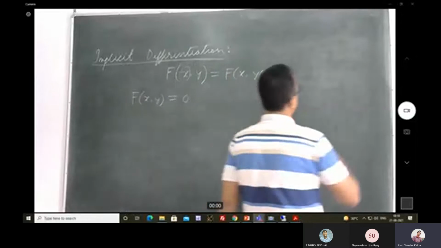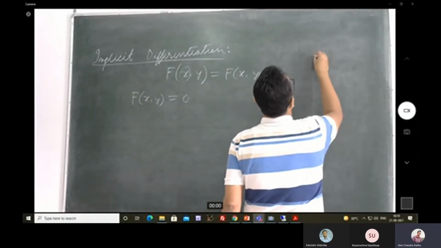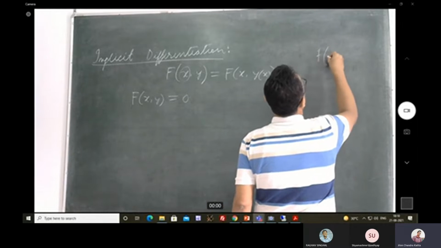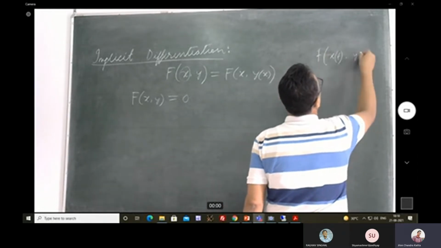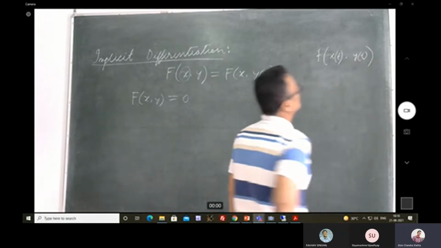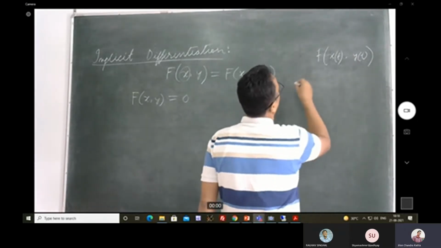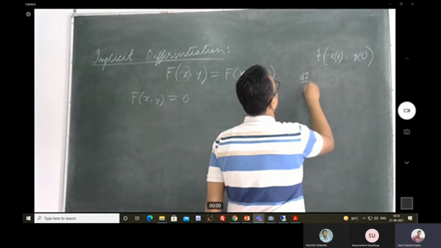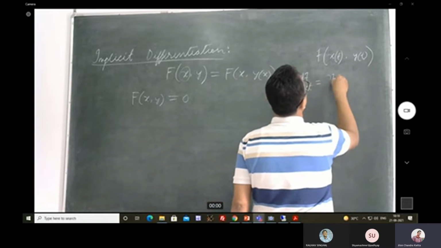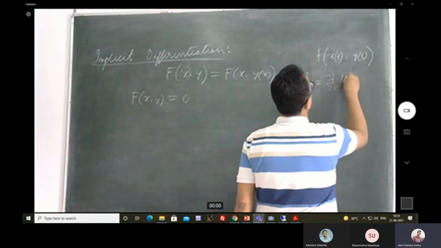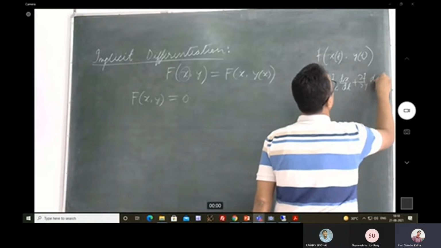If you recall, the chain rule was: if I have a function f of x and y, where x and y are both functions of a single variable t, then to find df/dt, this gives me del f del x dx/dt plus del f del y dy/dt.